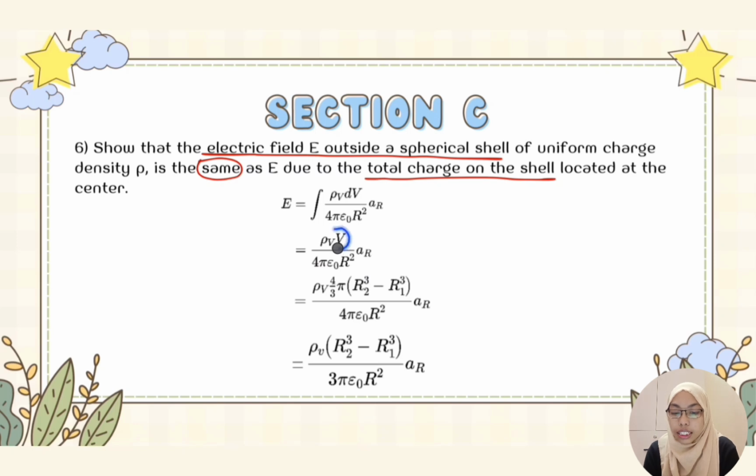And we also have the value of v, so we can get rho v 4 over 3 pi r2 cubed minus r1 cubed divided by 4 pi epsilon naught r squared ar. We simplify and we can get rho v r2 cubed minus r1 cubed over 3 epsilon naught r squared ar. We know that the electric field at the center of the spherical shell is the same as the electric field outside of the spherical shell.